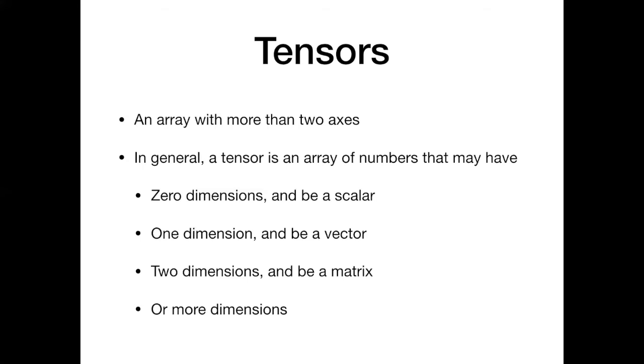If it's two-dimensional, it becomes a matrix. And it can have more than 2 dimensions. But if the dimension of the tensor is larger than 2, it becomes very abstract and very hard to imagine.